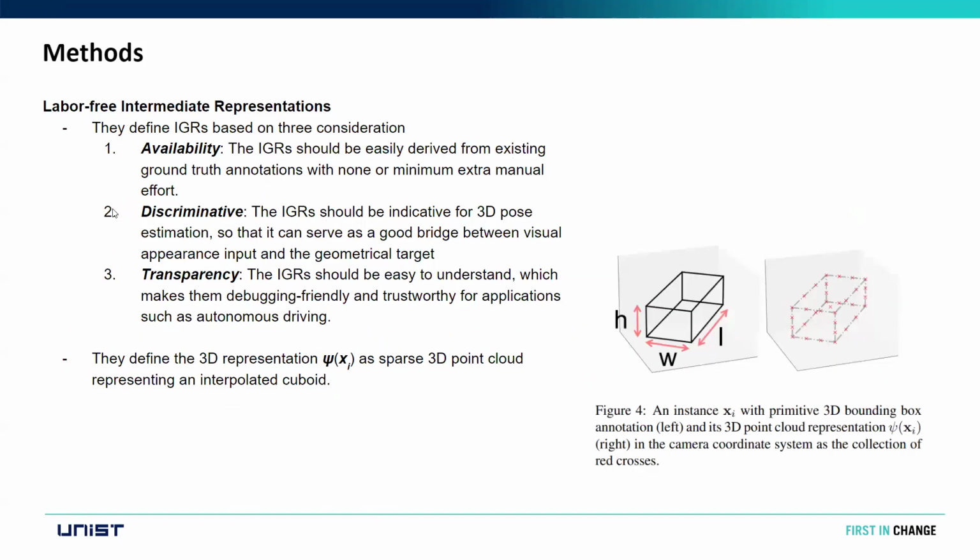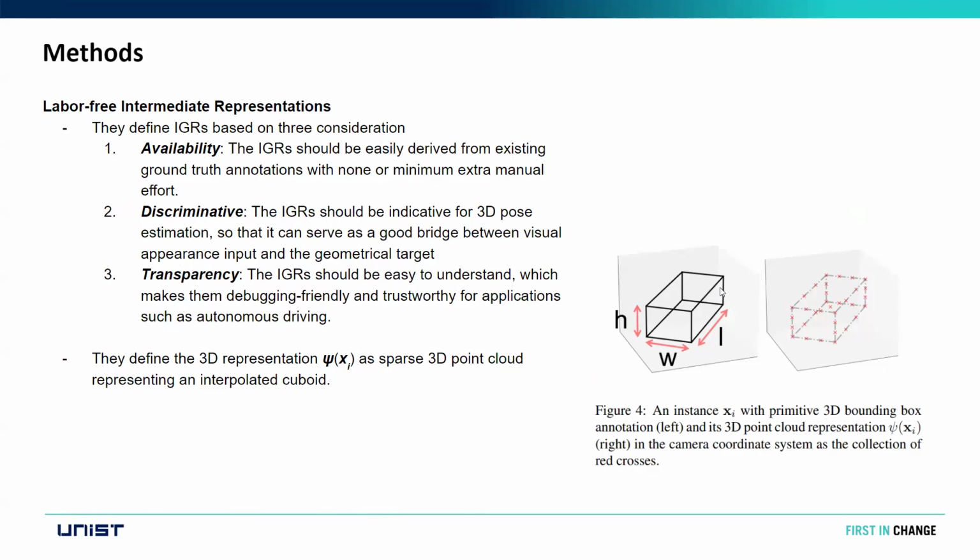They also say that you cannot assume everything is an intermediary geometric representation. So they define IGRs to follow three properties. The first is availability: the IGR should be easily derived from existing ground truth annotation with no or minimal extra manual effort.